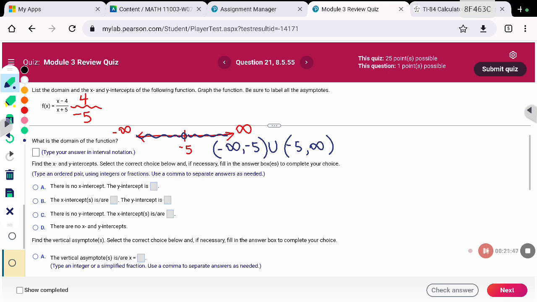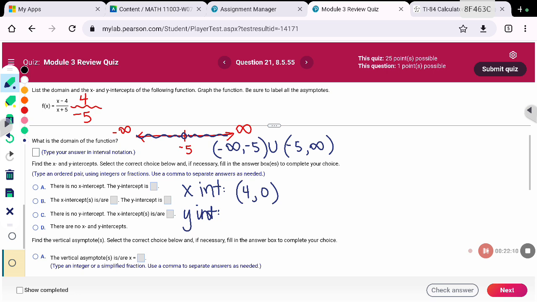X-intercepts, the next part. Zeros of the numerator, which is 4, and that's not a zero of the denominator, which means the x-intercept is at (4, 0). The y-intercept you get when you replace all of the x's in the function with zeros.